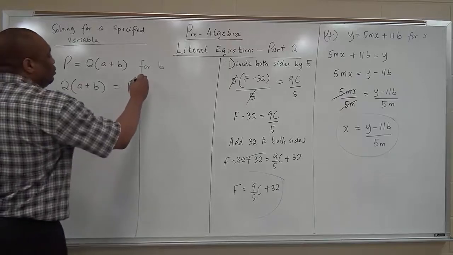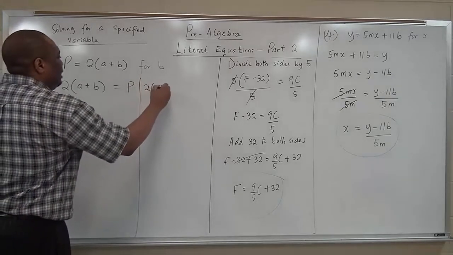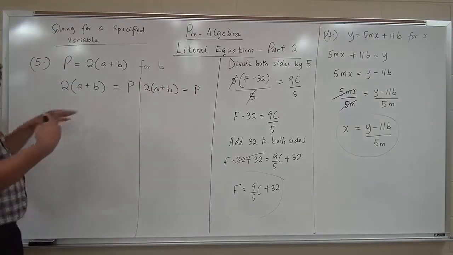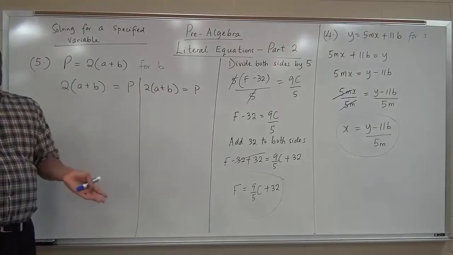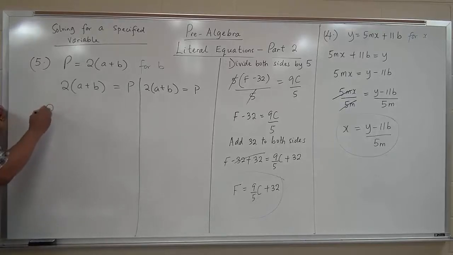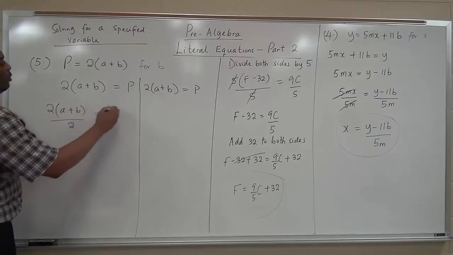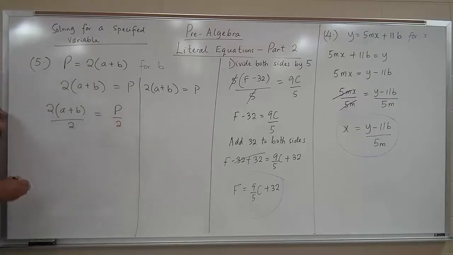So we're going to look at the two ways you can solve this. If we decide not to distribute, we can divide both sides by 2. Yes, we can. So this is 2 times a plus b divided by 2 equal to p over 2. So 2 divided by 2 gives you a 1.